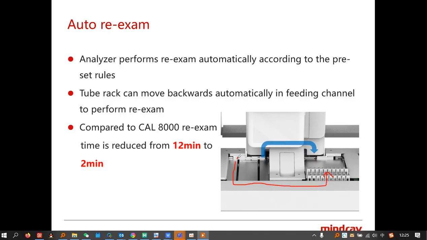So it will take a long time for the exam. But the Chaos 6000 supports directly moving back, and it can reduce the exam time.